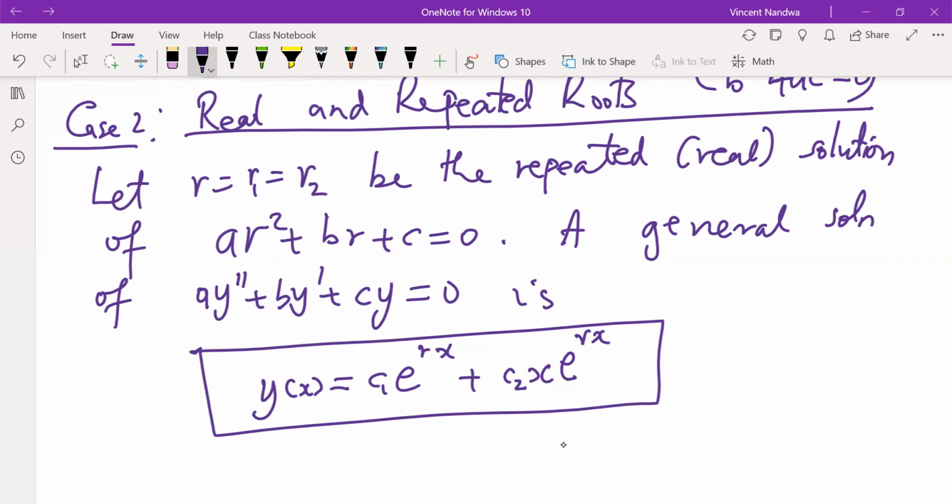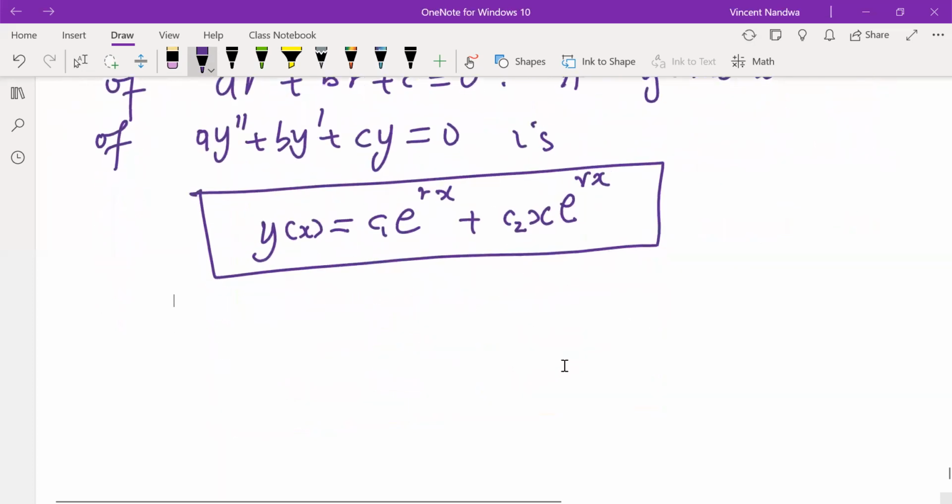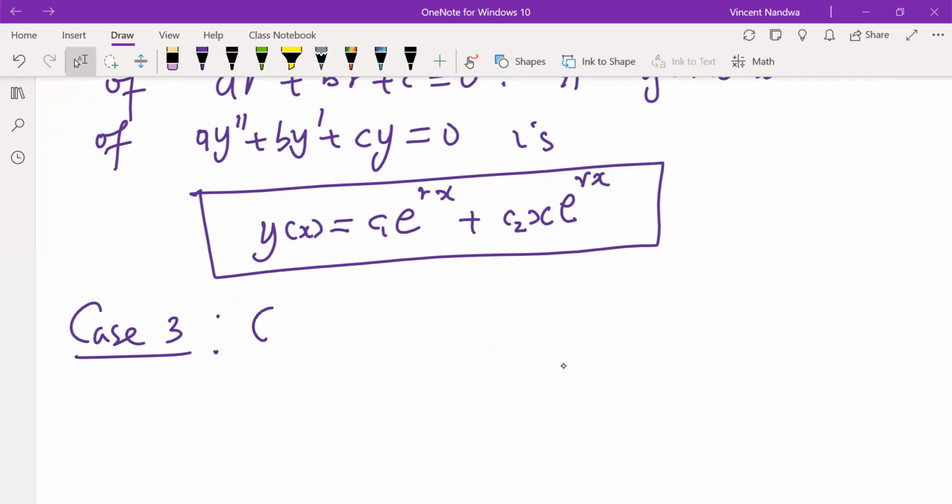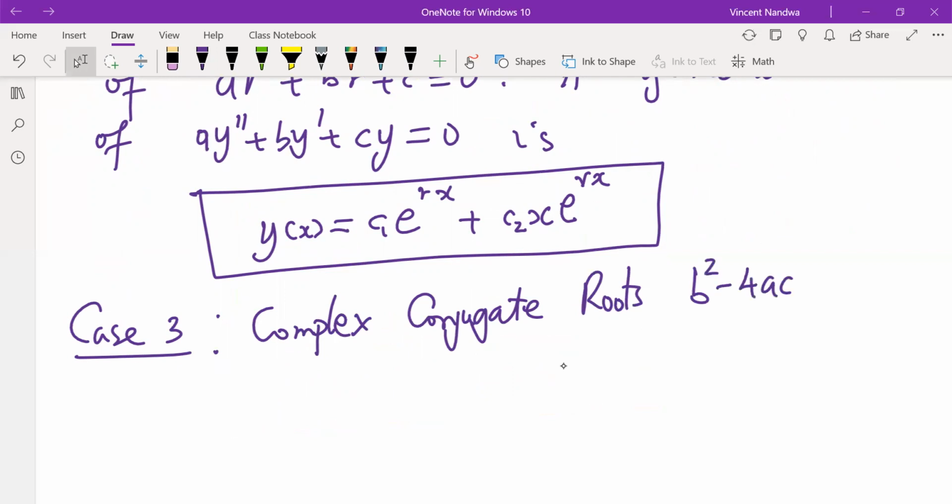And then the last case is when we have complex conjugate roots. This happens when b squared minus 4ac is negative.